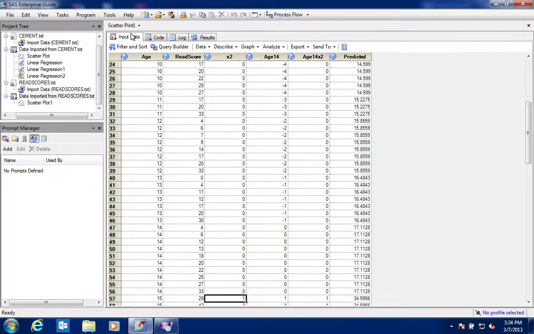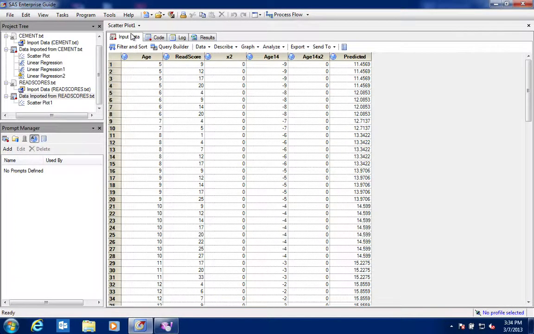You may think about 15, okay? But this is what the data refers to. So that is the indicator variable here. Age 14 is age minus 14, meaning 14 subtracted from age, because you want to make your model.